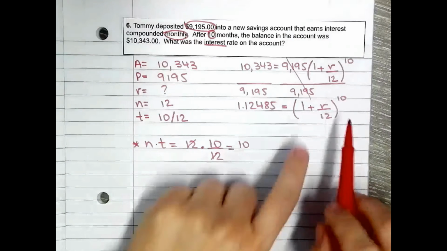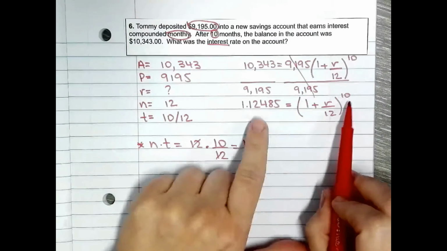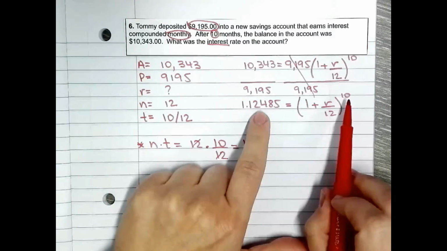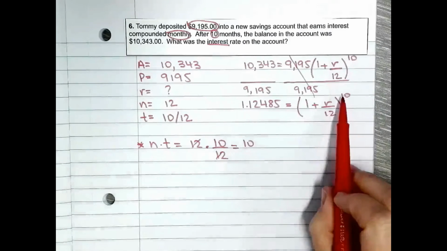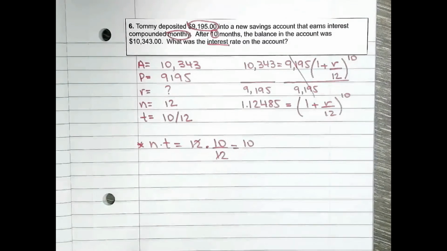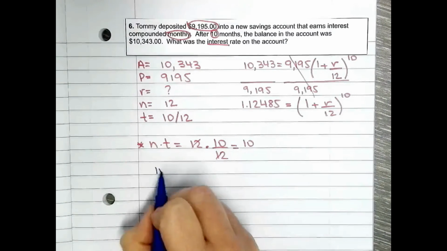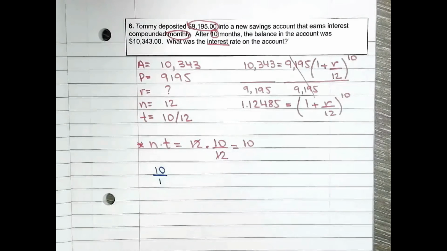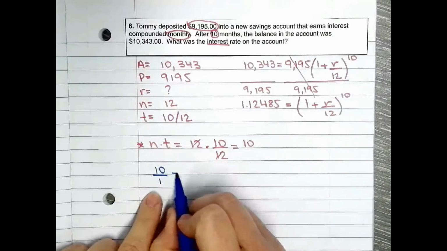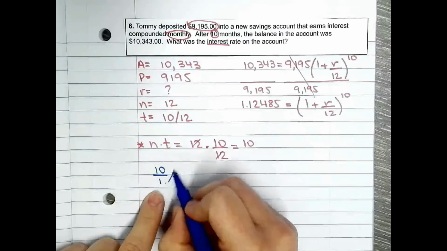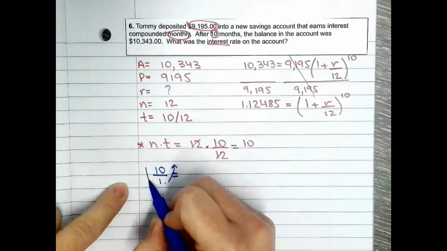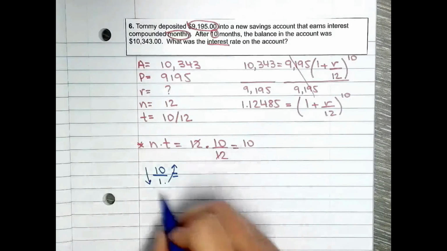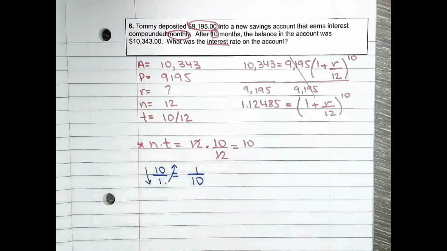So for me to solve this equation at this point, I need to raise both sides to the reciprocal power. Reciprocal is when you turn a fraction upside down. And you might argue, 10 is not a fraction. Well, it is kind of in disguise. So the reciprocal of that, 1 goes up top, the 10 goes down to the bottom. So the reciprocal of this is 1 over 10.